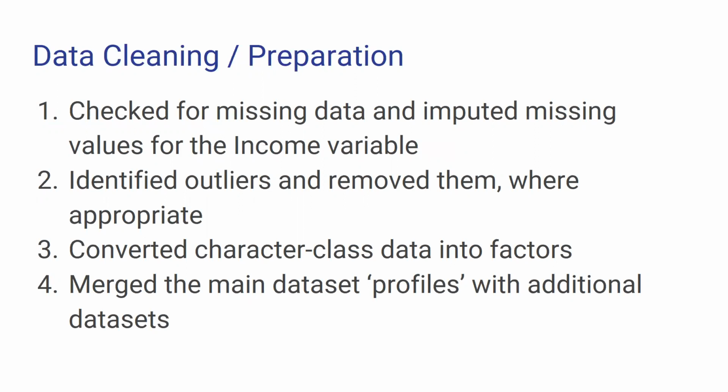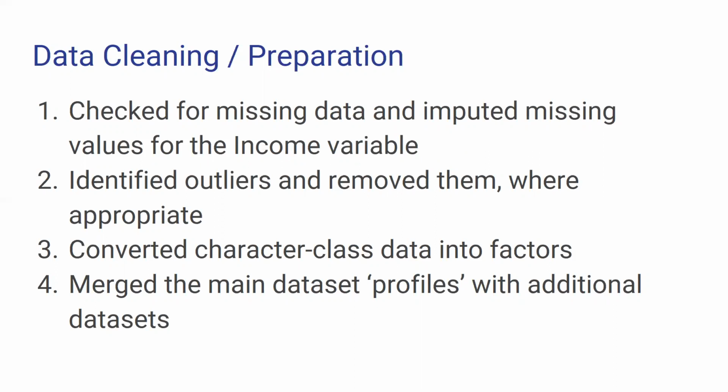With regard to data cleaning and data preparation, there are 4 major steps that all of us undertook. We checked for missing data and imputed missing values for the income variable, which is one of the very few numeric variables in the data set. Also identified outliers in the data set and removed them where appropriate.